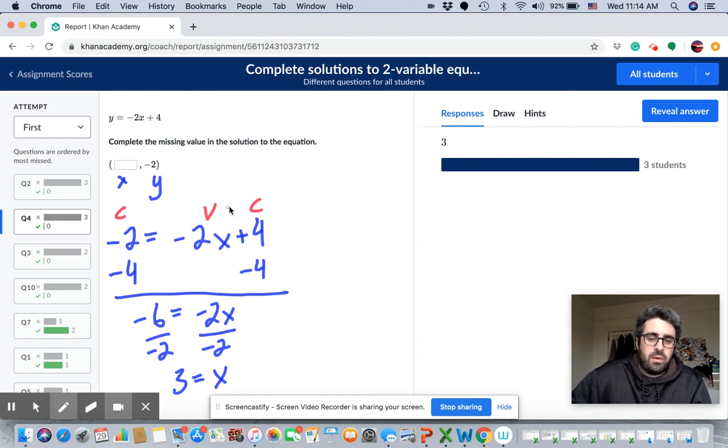So I want essentially there only to be variable terms on the right side of the equation. So I subtracted 4 on both sides. Negative 2 minus 4 is negative 6. This eliminates. I bring down negative 2x, and then I have negative 2 times x is equal to negative 6. So I'm going to divide by negative 2. The inverse of multiplication is division. Negative 6 divided by negative 2 gives me positive 3.